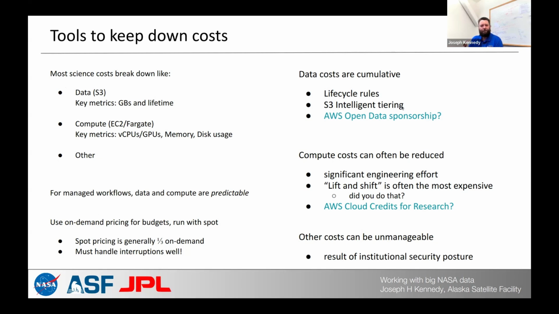I highly recommend S3 Intelligent-Tiering. It's sort of a set it and forget it sort of thing. It costs a little bit to move data into Intelligent-Tiering, but instead of always paying the standard S3 rate, if the data doesn't get touched very often, it slowly migrates down into lower storage tiers.